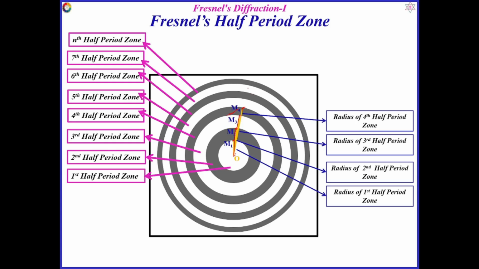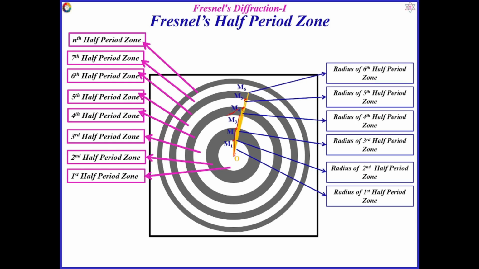Likewise, at the edge of the fifth strip, suppose this point is M5. So O to M5 is the radius of the fifth half period zone. Likewise, the sixth half period zone, O to M6.